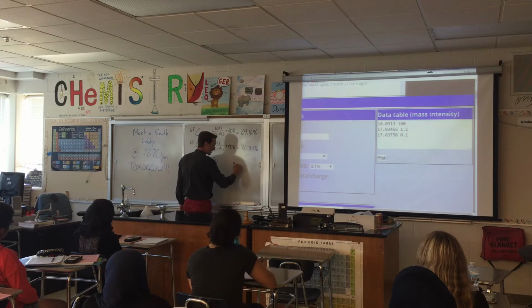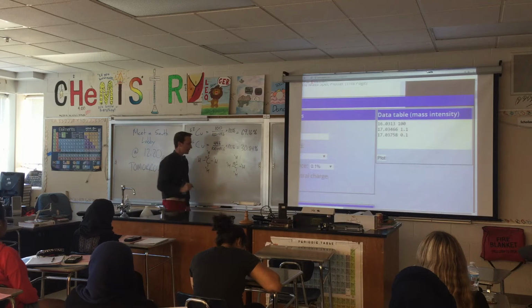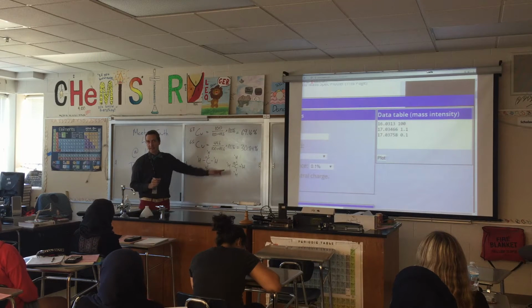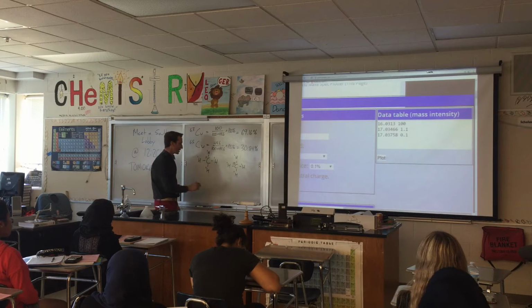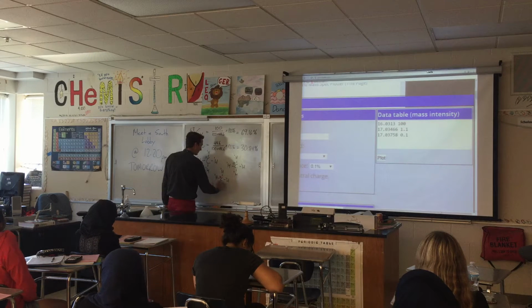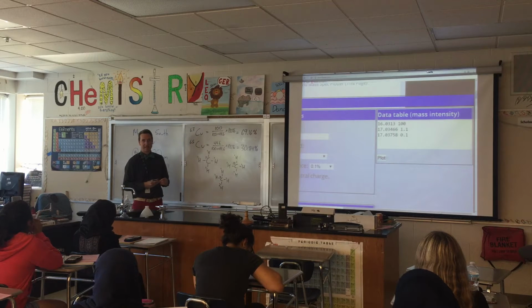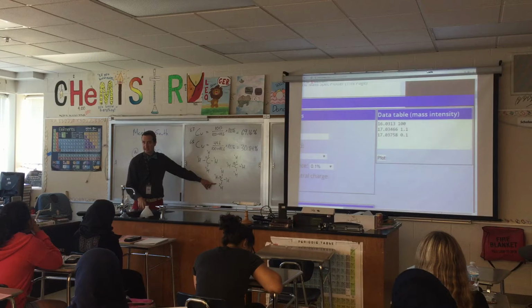So if you have a carbon 13 attached to a bunch of hydrogen 1s, it's not going to weigh 16 anymore, it's going to weigh closer to 17. But you can also have carbon 12 attached to hydrogen 1s, with a hydrogen 2 in there. Heavy hydrogen. What's this going to weigh? Pretty close to 17 as well.